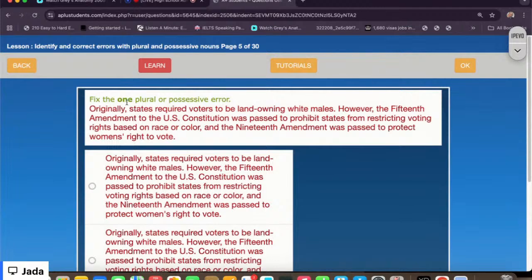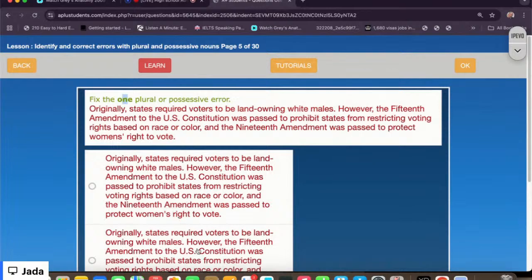So we have this one. You have to fix one plural possessive error. Originally, states required voters to be land owning white males. However, the 15th Amendment to the US Constitution was passed to prohibit states from restricting voting rights based on race or color. And the 19th Amendment was passed to protect women's rights.